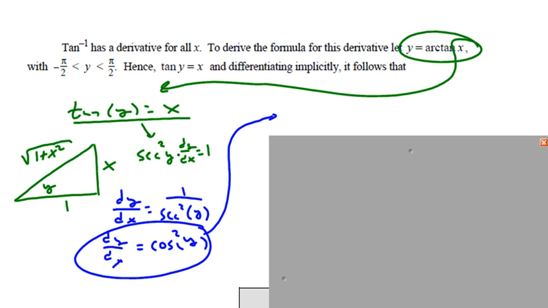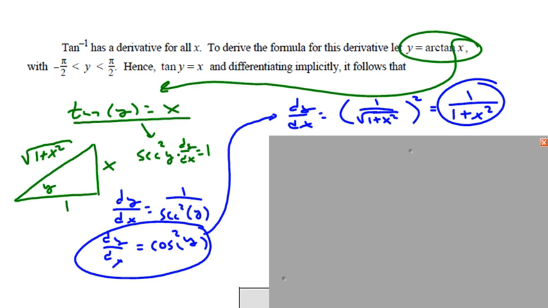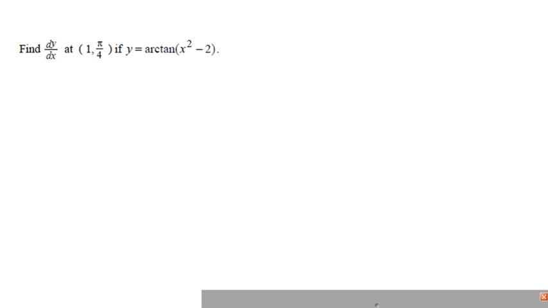Well, cosine squared of y is 1 over square root of 1 plus x squared, squared, which is just 1 over 1 plus x squared. This is the derivative of arctan of x. So now we're finding dy dx at the following point if y equals arctan of x squared minus 2.